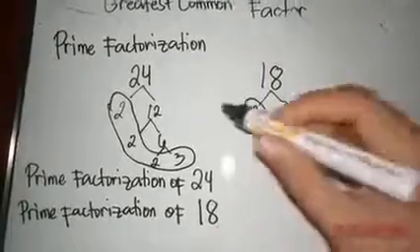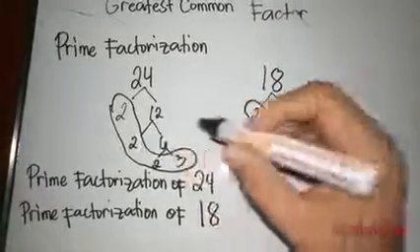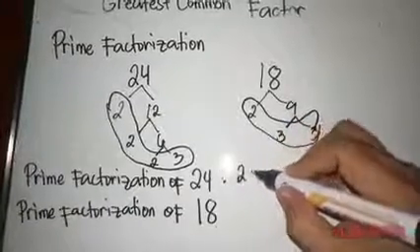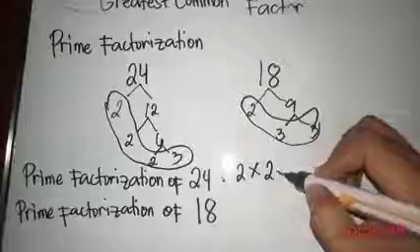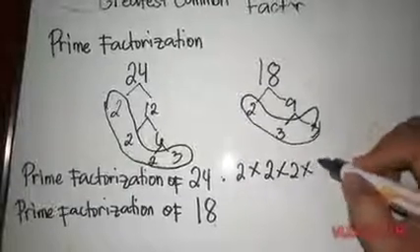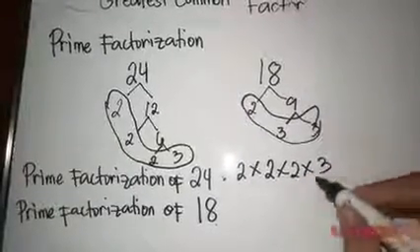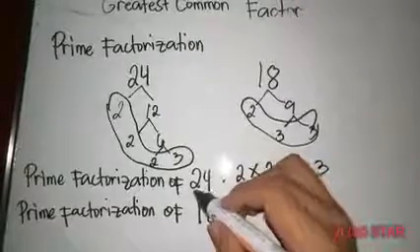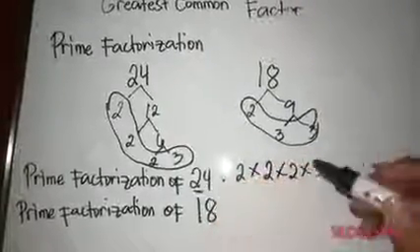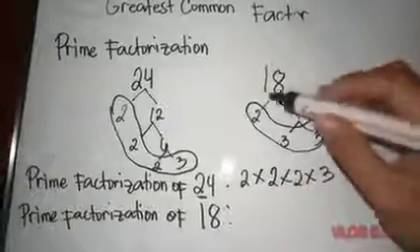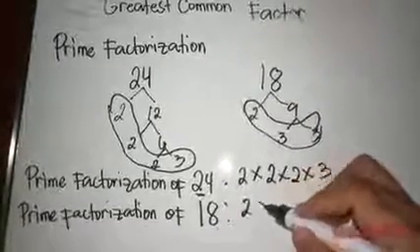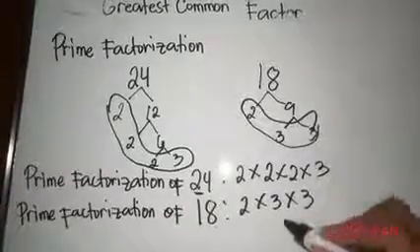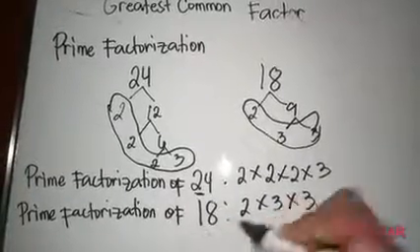After that, we write the prime factorization of 24: 2 times 2 times 2 times 3. When you get the product of this string of prime factors, you will have 24. Another is 18: 2 times 3 times 3. This is the prime factorization of 18.